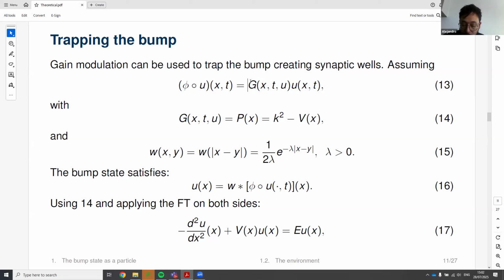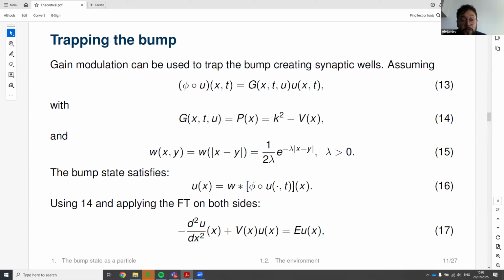So if you have a heterogeneous gain in the neural field, which means that each neuron responds with a different slope, the firing rate essentially is the result of a different linear function for each position.